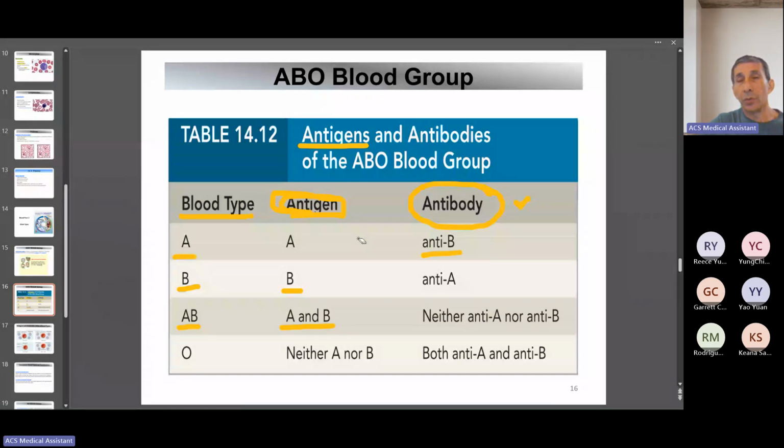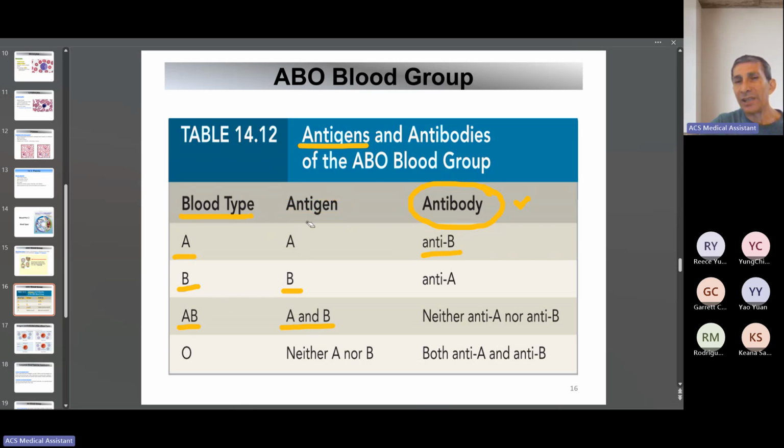Remember, there are not two types of antigens. There are two ways of defining whether you are type A or B or AB or O. But in this case, A, B, and AB.